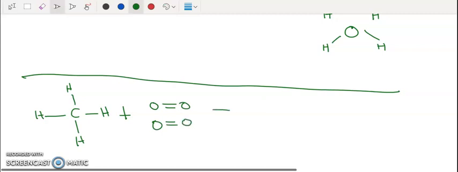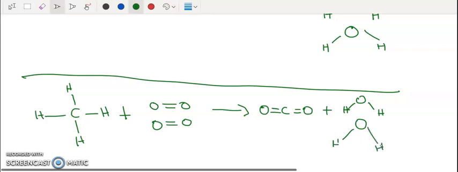And this gives us carbon dioxide, which is O double bond C double bond O, plus we've got 2 waters, so it's going to be H, O, 1 single bond H, and another O single bond H, single bond H.